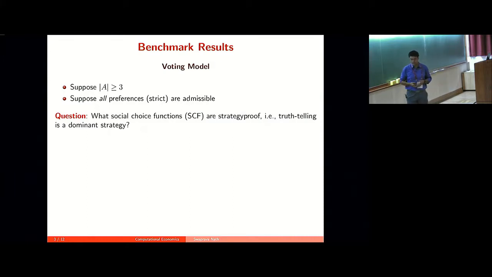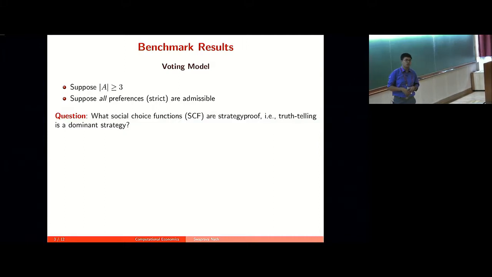To give an example, suppose we pick one constant alternative. So no matter whatever people report, I always pick one particular alternative, build a bridge or something. This is clearly strategy proof. Nobody can change the outcome in any way. Therefore, it's weakly truthful. You can also think of another mechanism, where I select one individual and always pick his or her top choice.